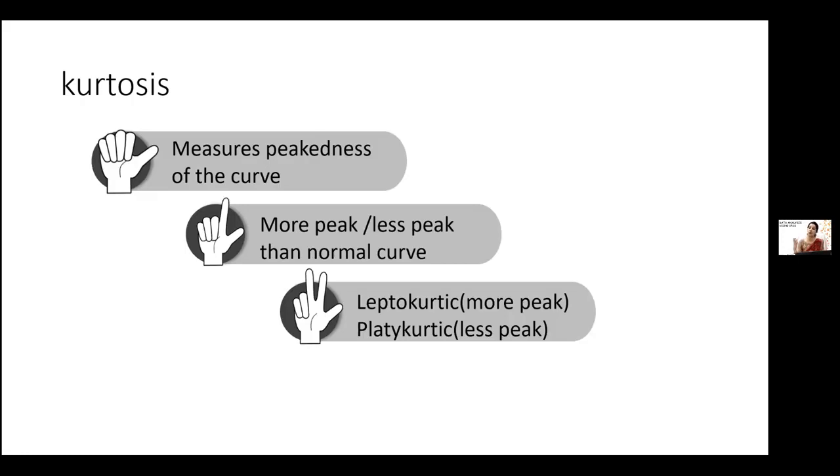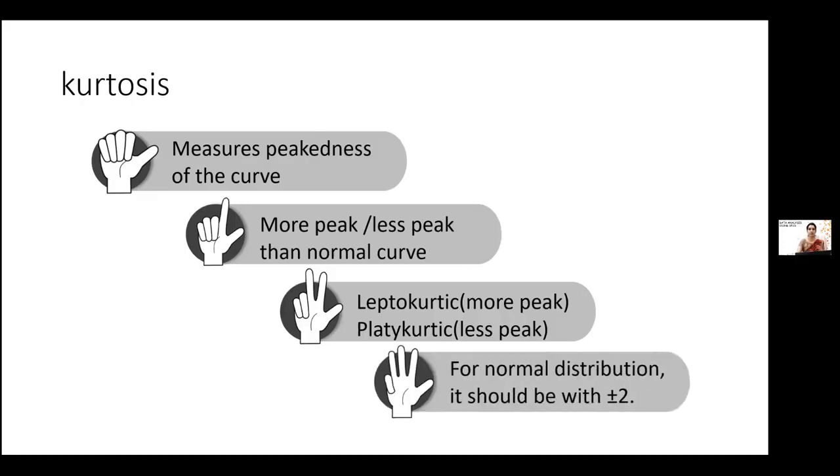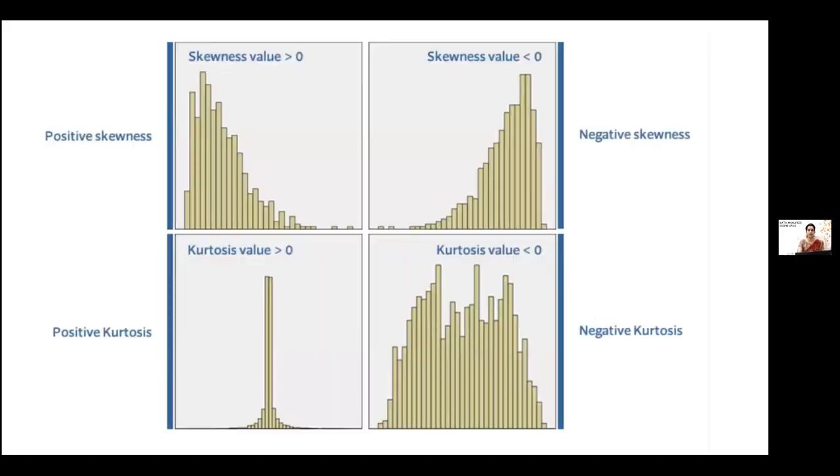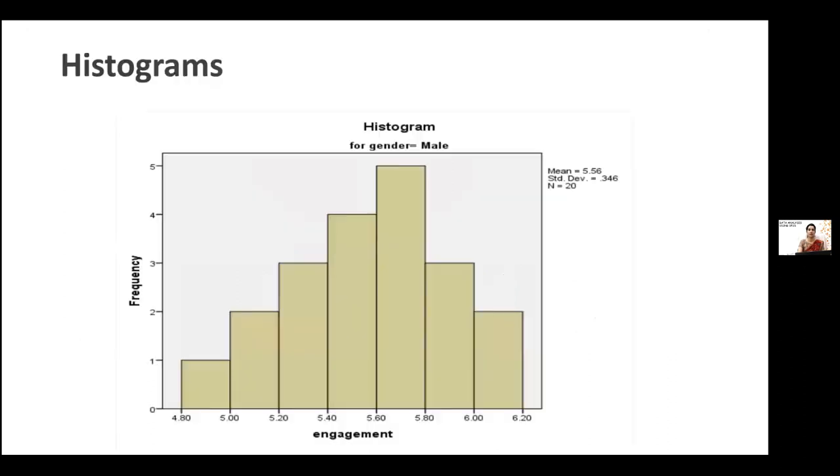If it is more than 50, the most commonly used test is the QQ plot. So just for theory, I am telling you, but for all practical purposes, we will focus on the QQ plot and Shapiro-Wilk test. So again, the value is the same. This is just to show you the positive and negative skewness and positive and negative kurtosis.